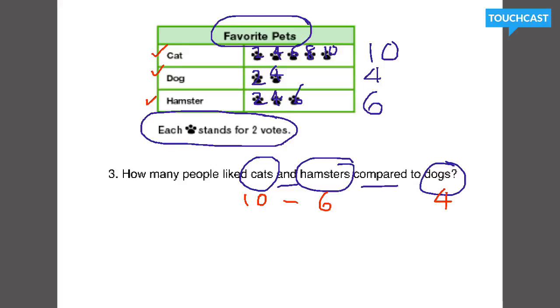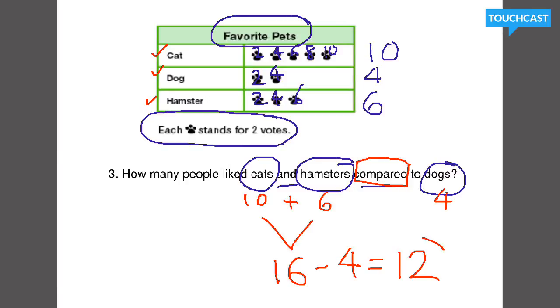Well, I just add. 10 plus 6 is 16. That was easy. Now I'm going to compare this to dogs. What operation is comparing again? That's right, it's subtraction. So 16 minus 4 equals 12. Your final answer should have been 12. Check yourself off.